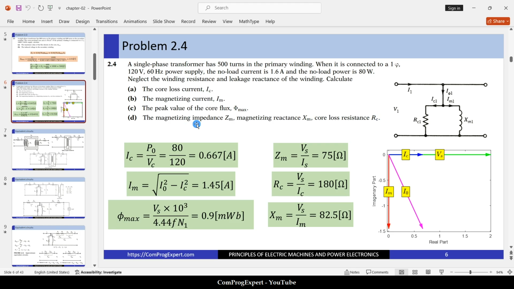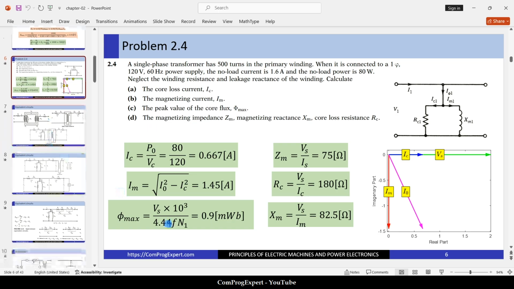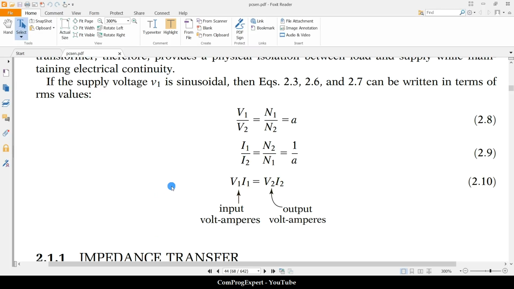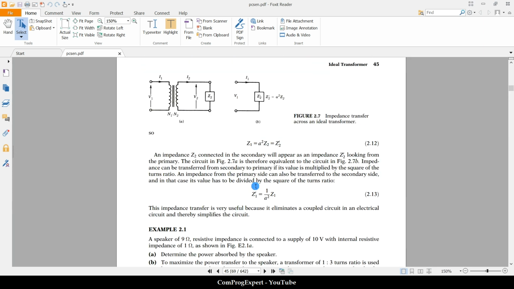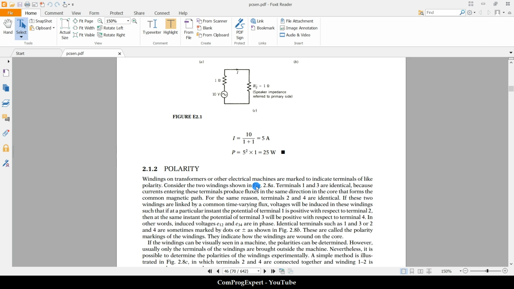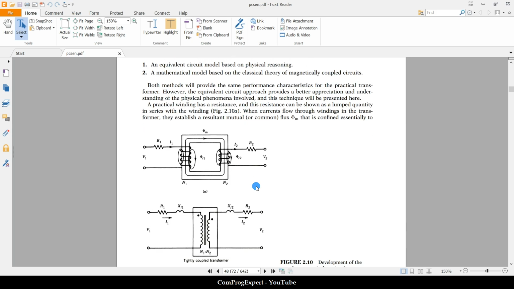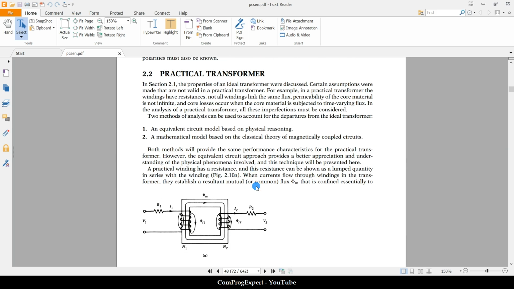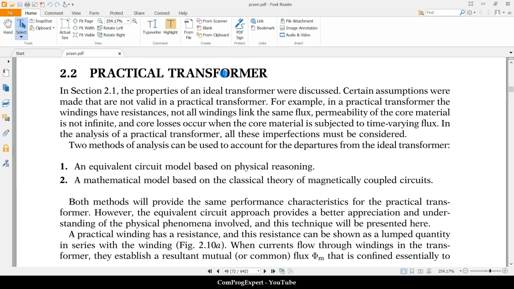So to answer this problem, let's review the models of the transformer, the equivalent circuits that we have in the reference. Here in this section, you can check the practical transformer models.